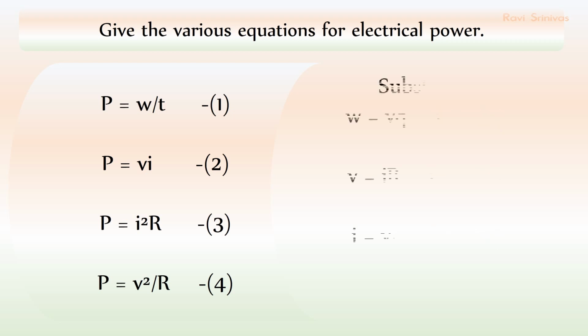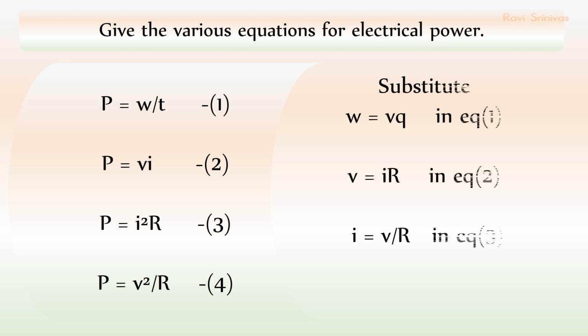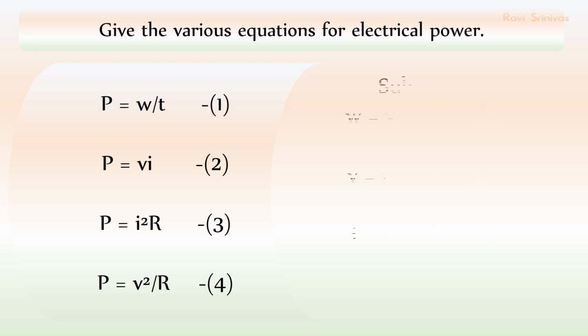We then get the fourth equation, power equal to V square by R. For solving problems, we can select the suitable equation based on the data given.